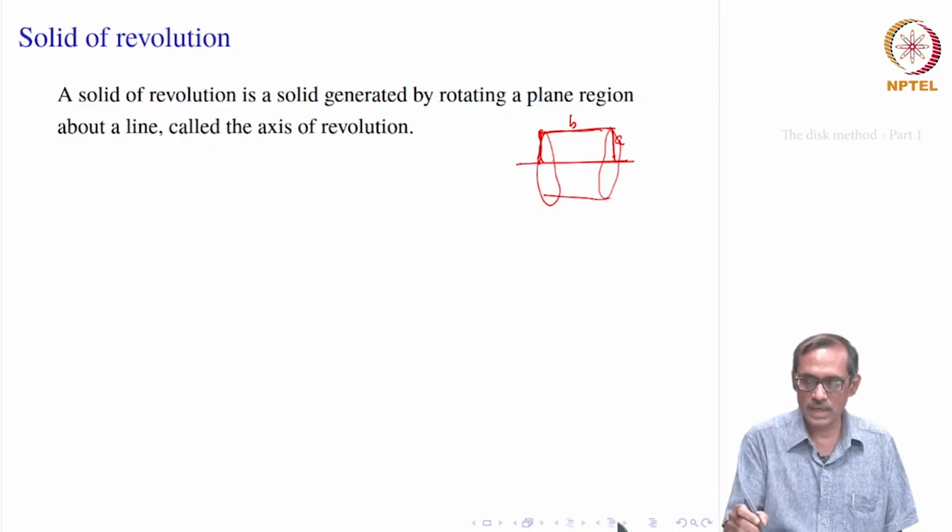Similarly, it need not be a rectangle, it can be some type of planar region, and the straight line may not be intersecting or even touching that planar region, it can be somewhere else. If you revolve the area around this line, you would get a solid of revolution, and we want to compute the volume of such a solid.